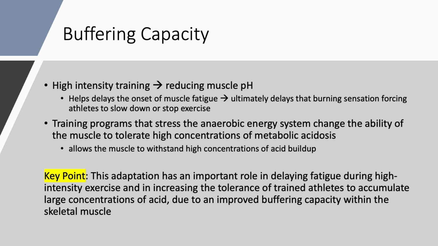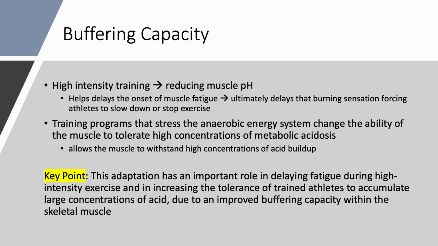Training programs that stress the anaerobic energy system change the ability of the muscle to tolerate these high concentrations of metabolic acidosis. Therefore, this means that it's allowing the muscle to withstand high concentration of this lactic acid buildup. So the buffers that are produced within the muscle, such as bicarbonate and muscle phosphates, help maintain the acid-base balance, this pH level, within the exercising muscle.